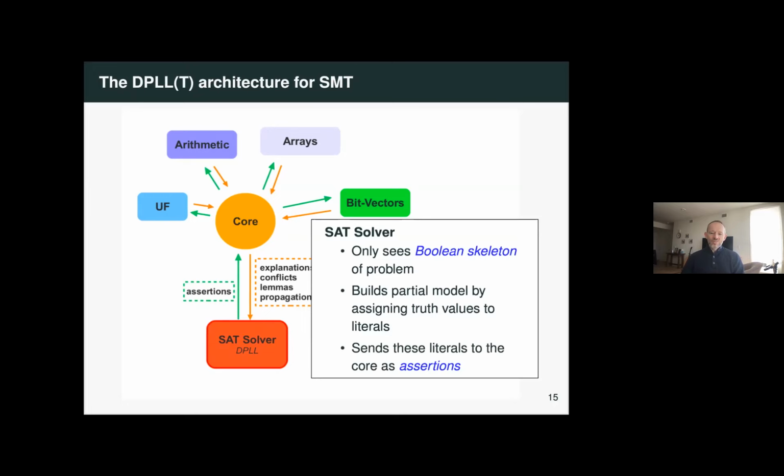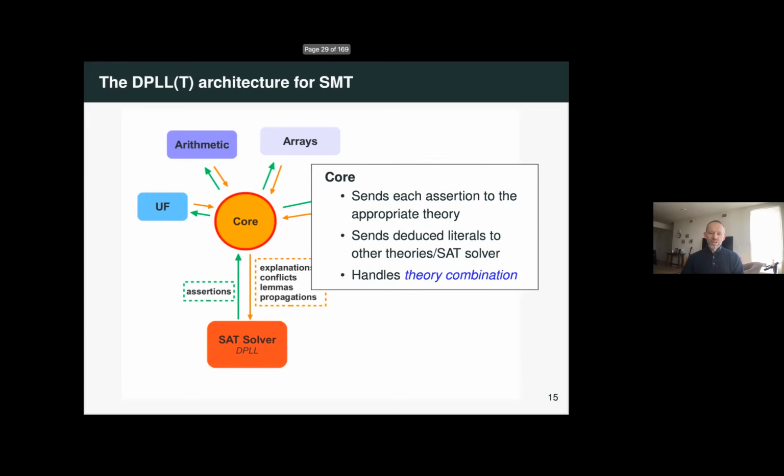Right, so the SAT solver only sees the Boolean skeleton of the problem, so everything else is abstracted away. Its job is to build a partial model by assigning truth values to the atoms, and it's just trying to satisfy the Boolean structure. The atoms that get assigned true or false are then sent to the core as assertions. The core looks at the assertions coming in and hands them off to the appropriate theory.